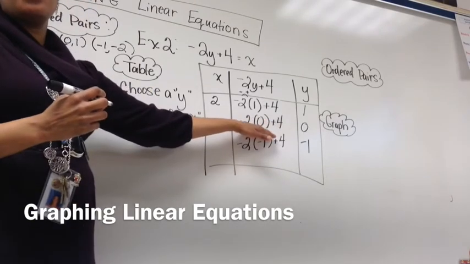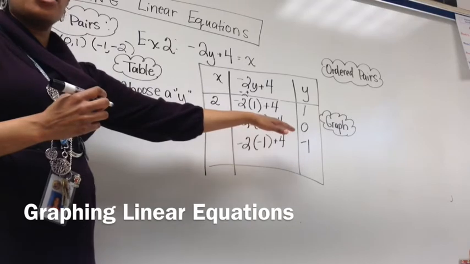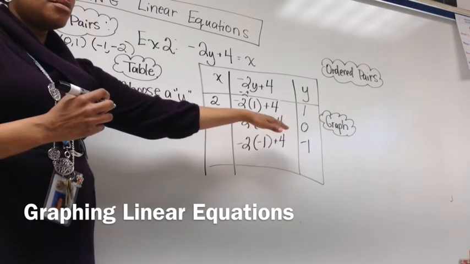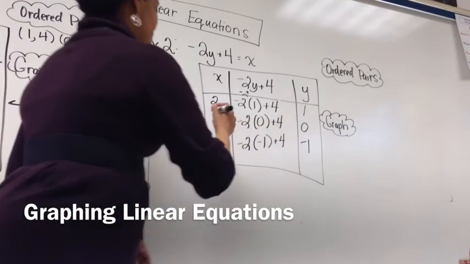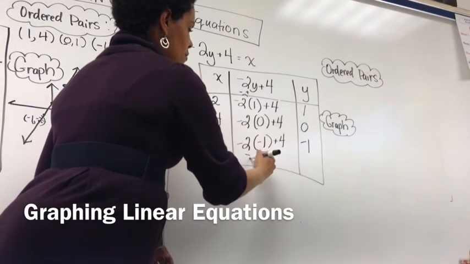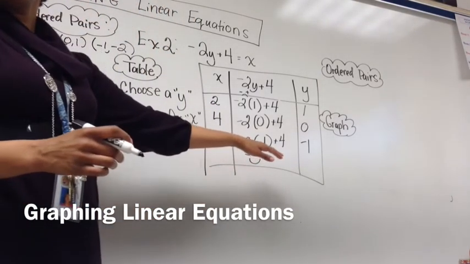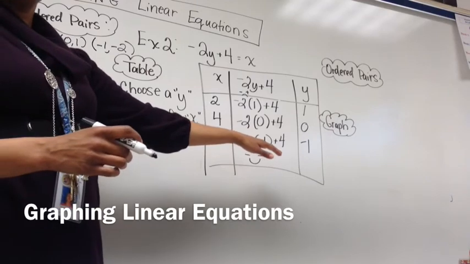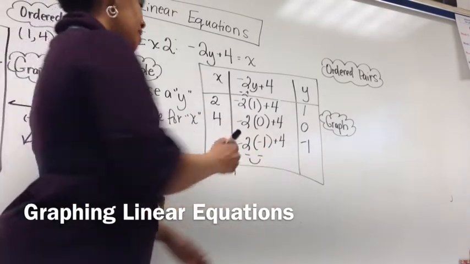Anything times 0 is 0. So we get 0 plus 4 here, which is 4. Here the signs are the same. Negative times a negative gives me a positive. So negative 2 times negative 1 is positive 2, and positive 2 plus 4 is 6.